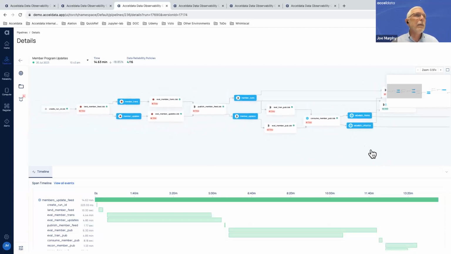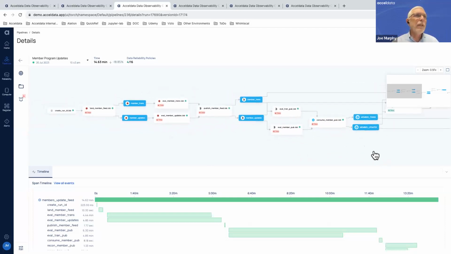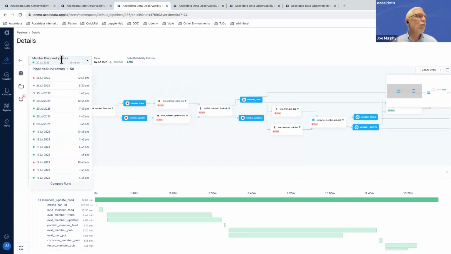And this particular pipeline can be very complex. So I want to be able to measure and monitor the pipeline's execution, right? And alert on if this pipeline fails, if this pipeline starts running slow, or stop the pipeline if the data actually breaks. So I'm looking at this particular run of the pipeline.